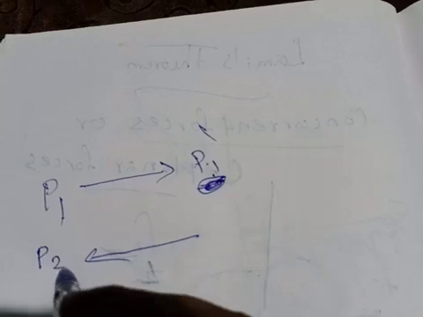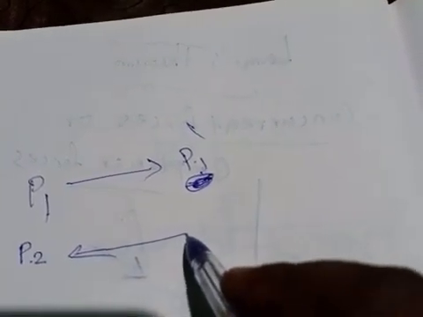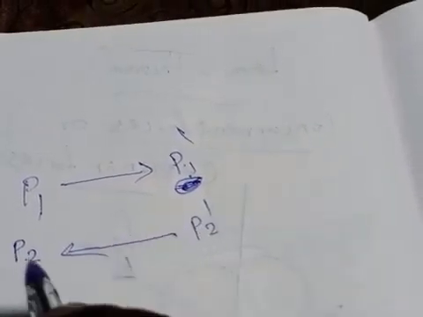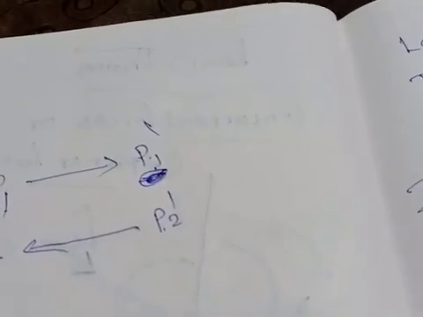At the same time, what is happening? Here the bullet is going forward, and you can see that the gun will move back. So there is a change in particle 2, the gun. Now the gun is moving back, and its momentum is also changing. Now P2 is changing to P2 dash.